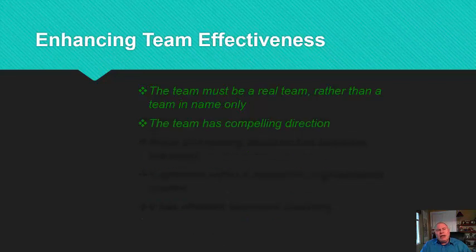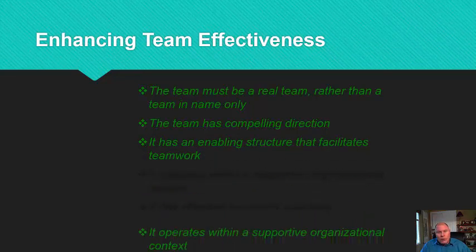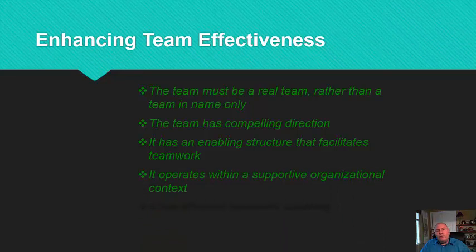A team has to have compelling direction, know where it's going. It has to have an enabling structure that facilitates teamwork. And it operates within a supportive organizational context. A team can't come together without an organization being supportive. And it has effective coaching. And coaching is different than leading.